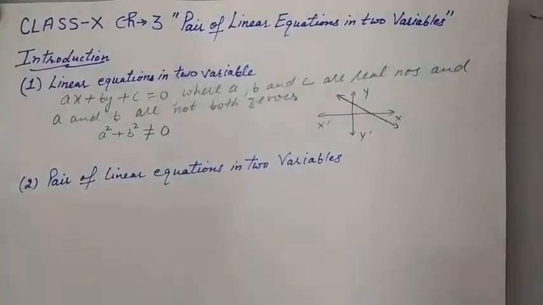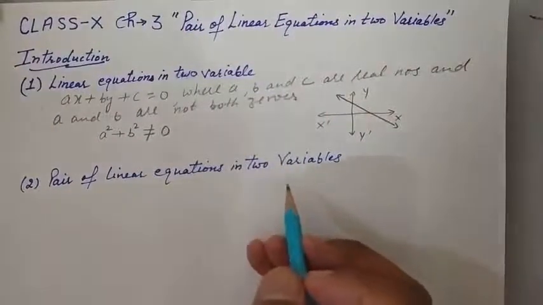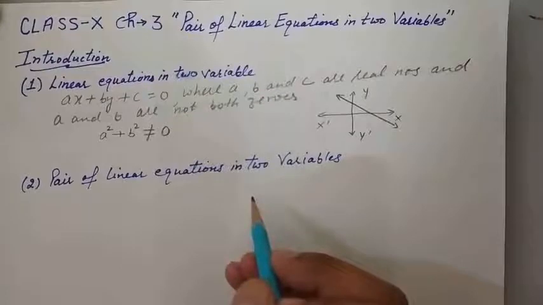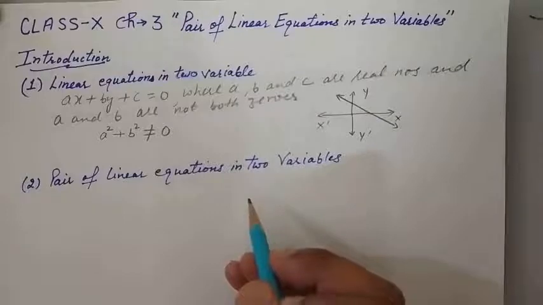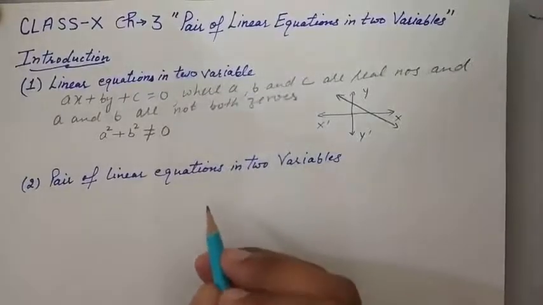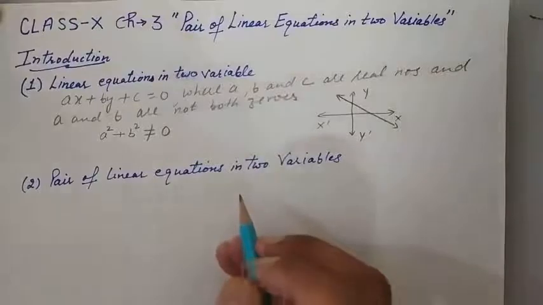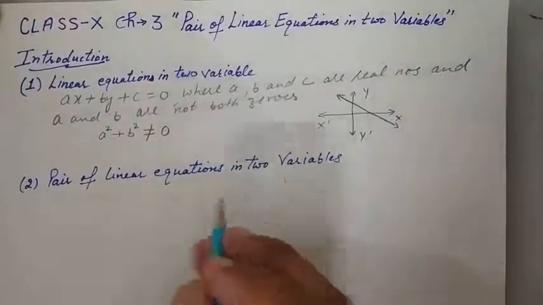So next is pair of linear equations in two variables. If two linear equations are in the same two variables x and y, then these are called a pair of linear equations in two variables. I repeat, two linear equations in the same two variables x and y are called a pair of linear equations in two variables.